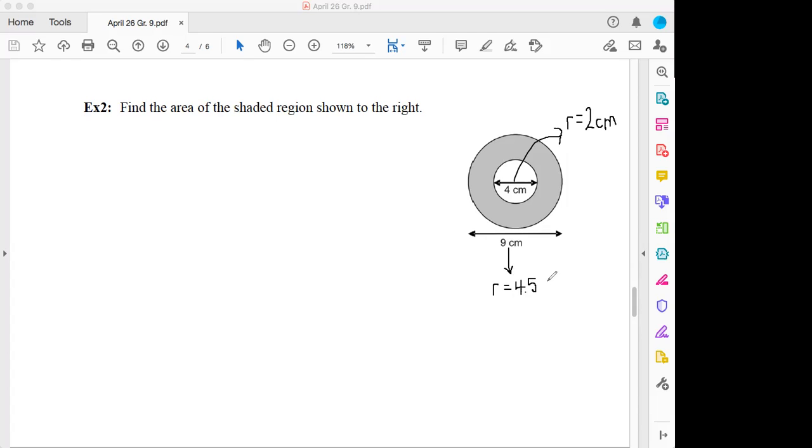Okay. So for this one, your first step is to find the area of the big circle, and then you're going to subtract the area of the small circle. So first things first, always label. So this is area 1. This will be area 2. Okay, so area 1, our formula for the area of a circle is pi r squared.